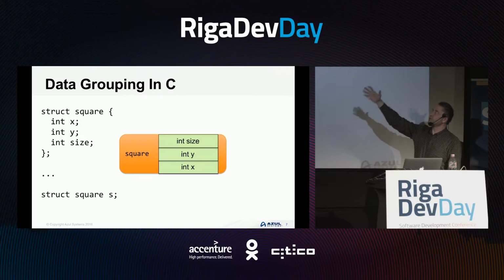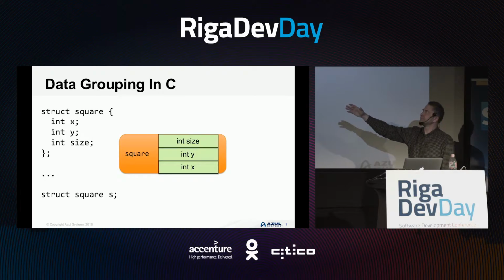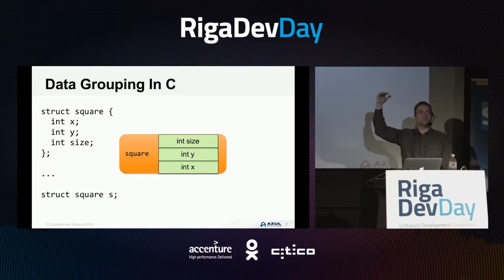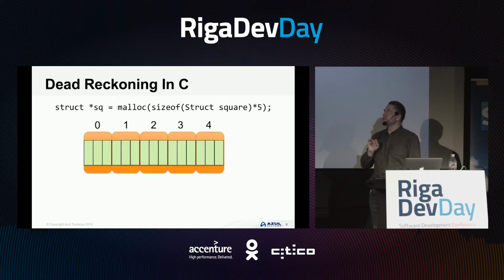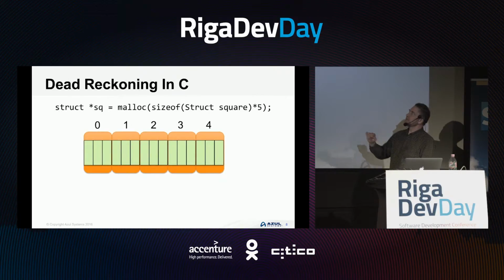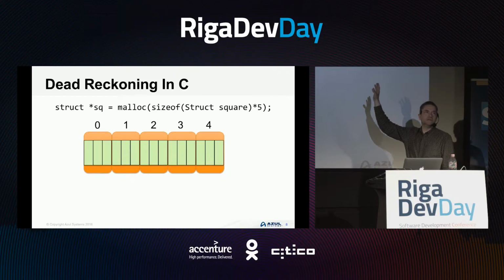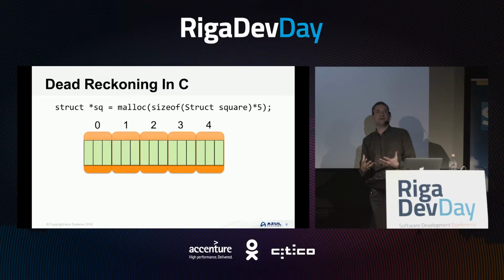And if I look at what's on the stack, what I'm going to find is I've got my struct called square, and it's got 3 ints. So literally on the stack are 3 integer objects, one after the other. In terms of dead reckoning, let's say I create an array of structs. In C, I'm actually going to have to allocate the memory explicitly.